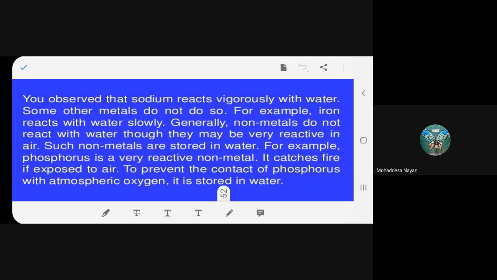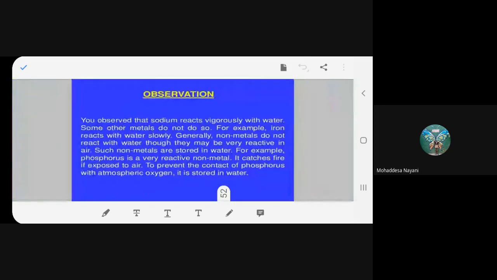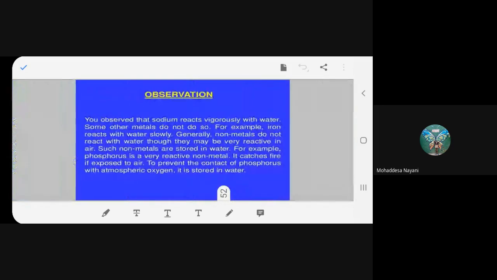Is it understandable? Phosphorus catches fire in air. Sodium catches fire in water. So what do we do? We store it in kerosene. Are you understanding what we are doing? Phosphorus catches fire in air, so it should not happen that way. So we store it in water, so it will not come in contact with air. Is it clear? Yes, ma'am.